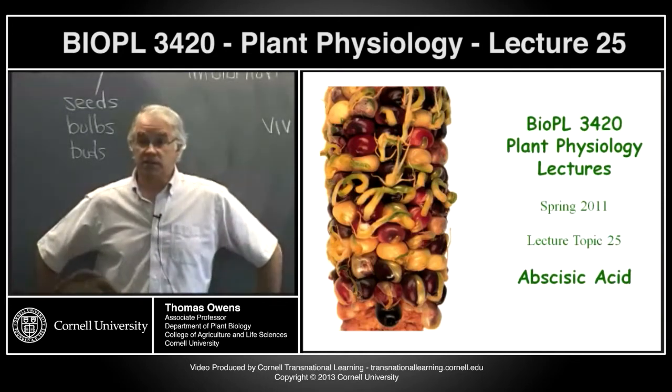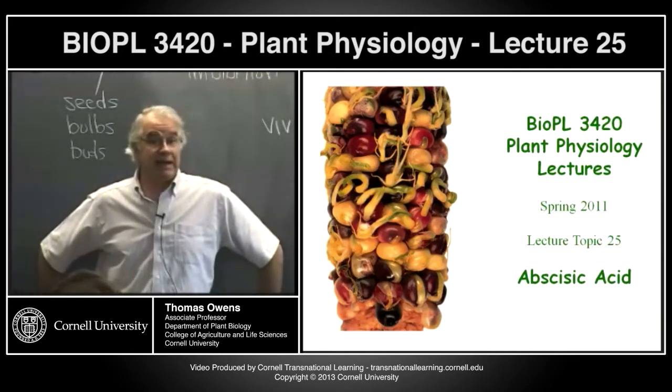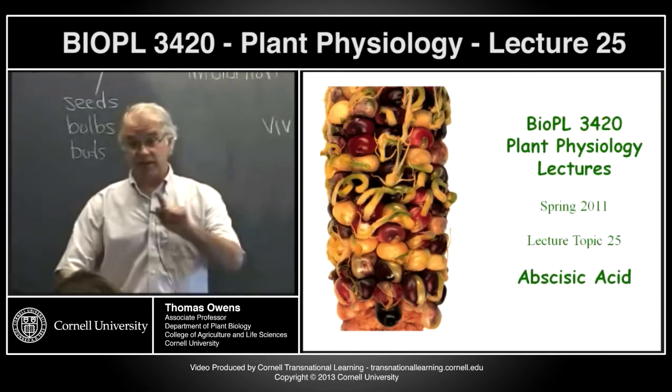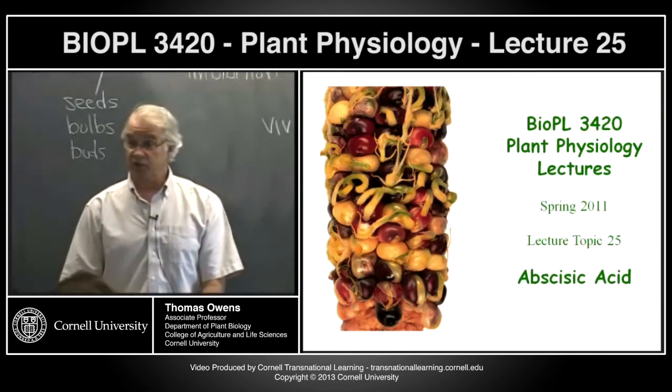There seems to be a common signal transduction pathway for all these stress responses in plants as well as in humans. And interestingly, that common pathway involves G protein linked receptors.